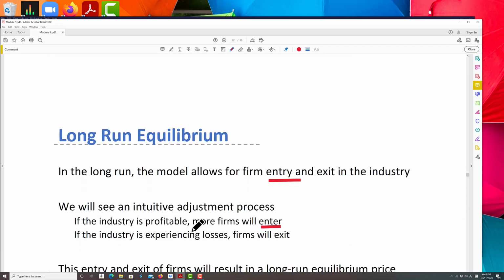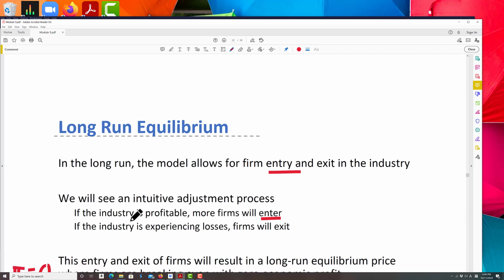Next, consider a long-run equilibrium. The long-run equilibrium allows free entry and exit. Long run means all inputs are variable. In addition, the number of firms is also variable because we allow free entry and exit.